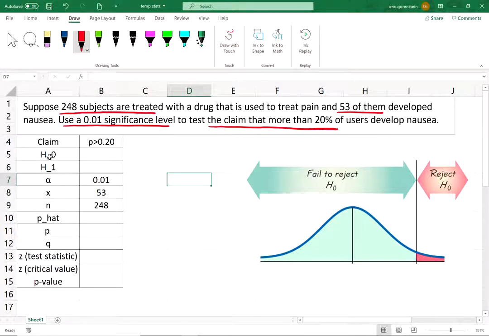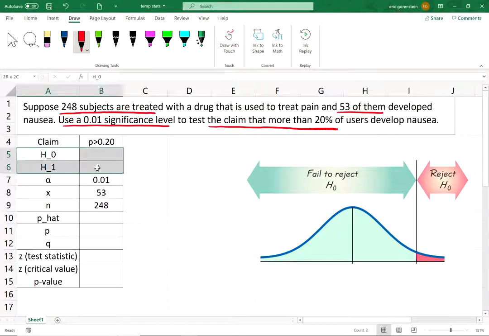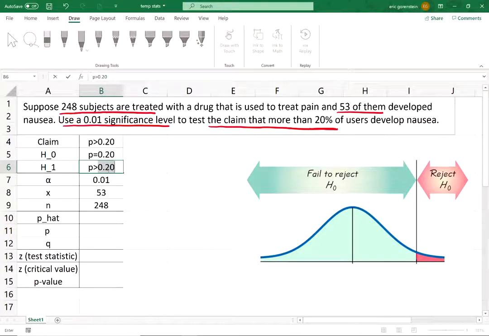Okay, now our null and alternate hypotheses. Remember, null hypothesis is you don't have to think about it. There aren't options there. The null hypothesis is a statement that contains an equal sign. So the null hypothesis would be P is equal to 0.20. And the alternate would then be that P is greater than 0.20. All right, so that's a right tail test.